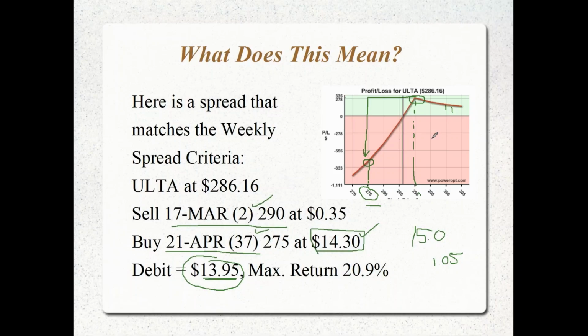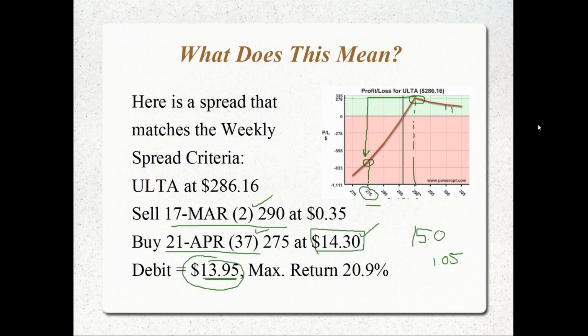That 13.95 is the worst case scenario to the upside, getting the $15 back for the 105 profit. Now if the stock hits this point, I might be able to sell that 275 for maybe, let's say 16, maybe 16.50, so we're going to get closer to that profit of 280 or 290. So it'll be about 16.50, 16.70. We'll get closer to that profit as well.